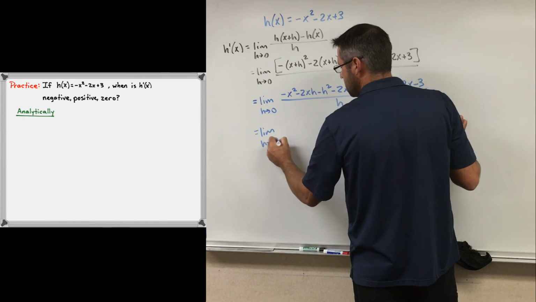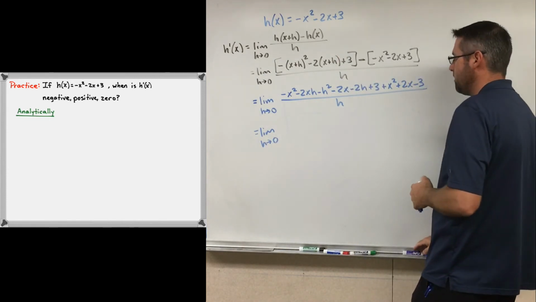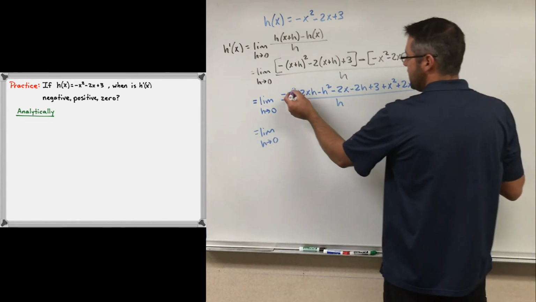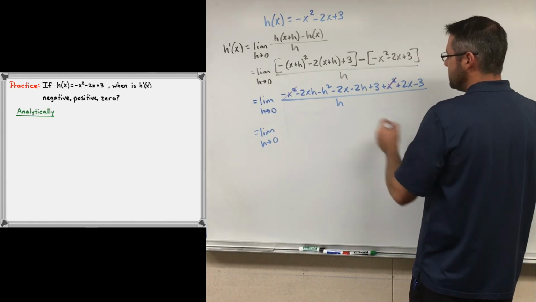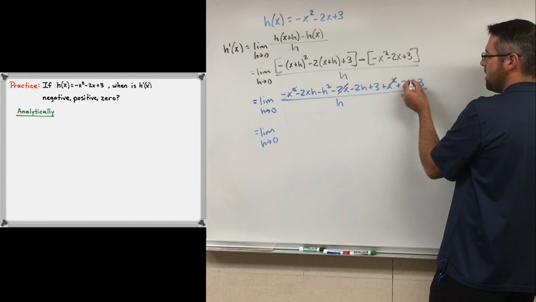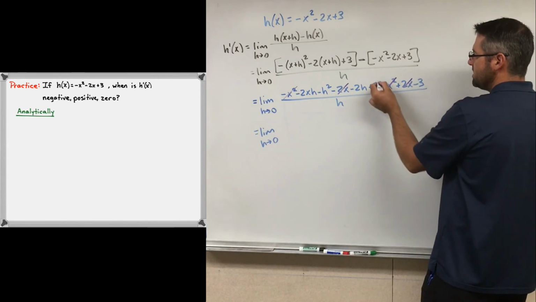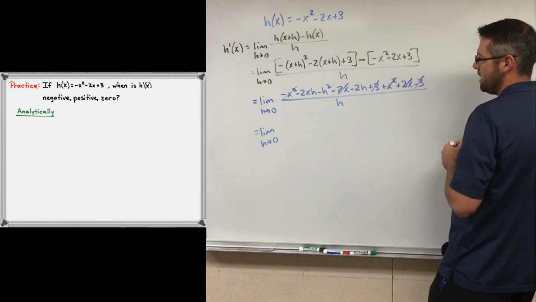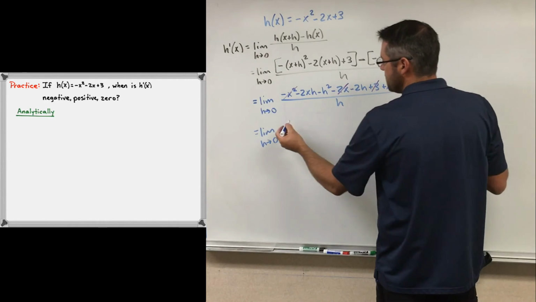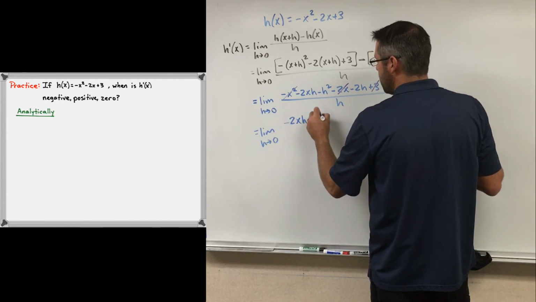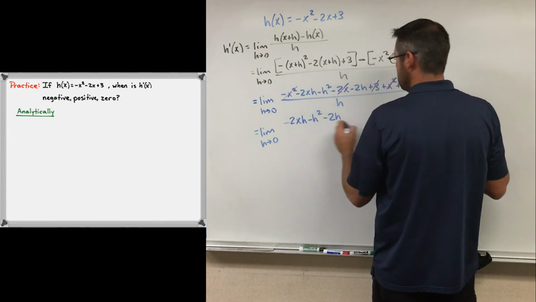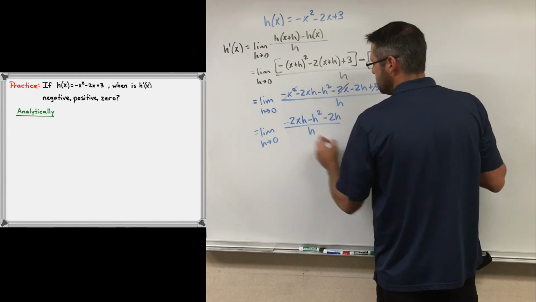And then we will simplify. And we should see a bunch of things simplifying here. We can see that the negative x squared and the positive x squared cancel out. We can see that the negative 2x and the positive 2x cancel out. We can see that the positive 3 and the negative 3 cancel out. And so I'm just going to rewrite this so it's a little bit cleaner. Negative 2xh minus h squared minus 2h all over h.